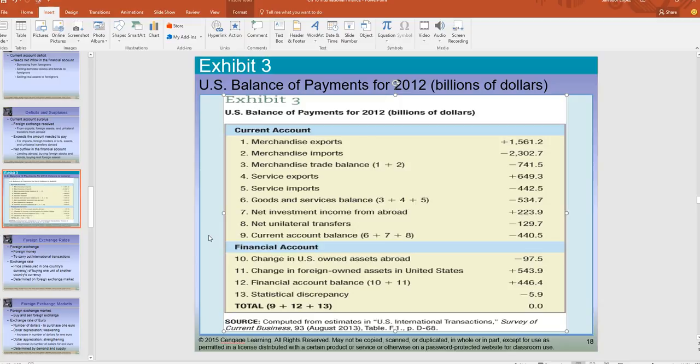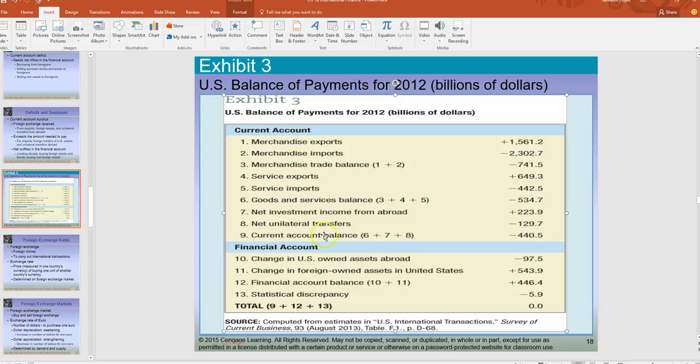For example, somebody who comes from Mexico to work in the United States, and then they send money to their relatives in Mexico. That is a unilateral transfer or remittance. And this money obviously leaves the United States, so that is a negative. But when we receive money from abroad, then that is a positive. Notice that it's negative here. That means that we sent more money than we received.